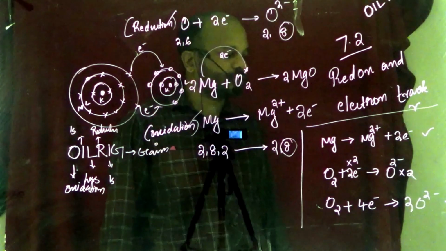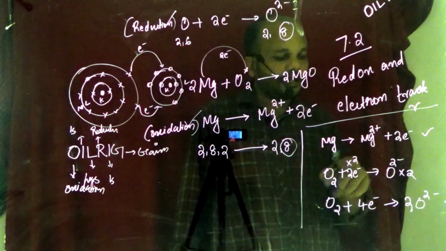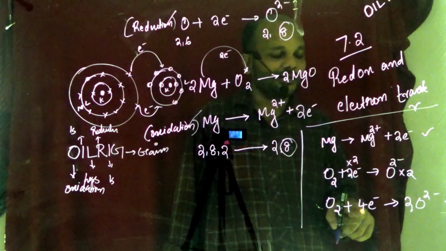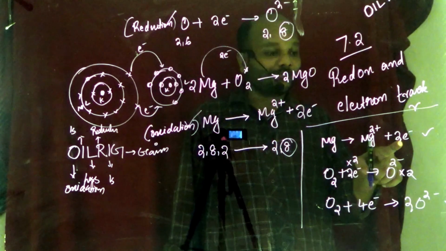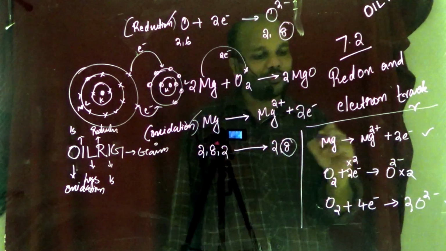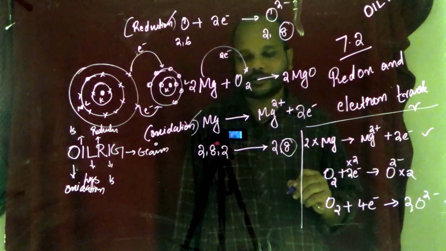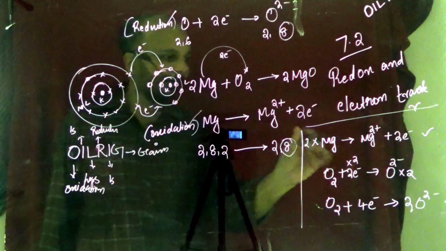Now this is balanced. But when this is balanced, here 4 electrons are there, right? Here it is not balanced. Here only 2 electrons are there. So here also I will multiply with the 2. Let's see the combined one.